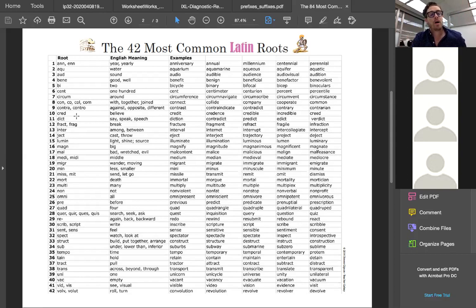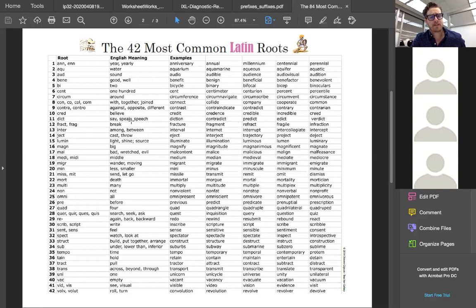Credit means believe, or have belief in. So your credit score is based on how much they believe you're going to be able to pay back, okay? Or again, are you credible enough? Dict is speak, so diction, like your phone has dictation, you can dictate what to do. You just yell at Siri and see what's going on with that.